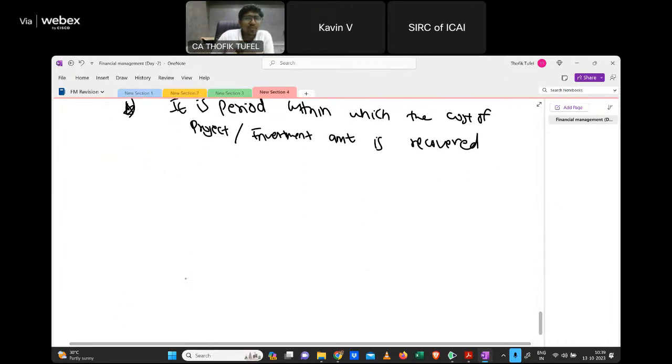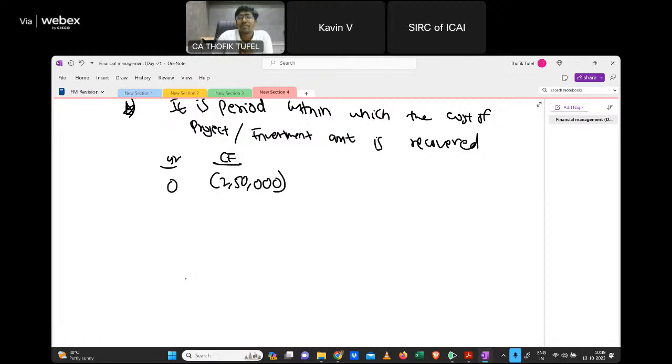See, the normal way of computing is: 0th year, year and cash flows. In the 0th year you're investing 2,50,000 rupees. Now first year, second year, third year, fourth year, fifth year, sixth year, seventh year. The life of the project is 7 years.